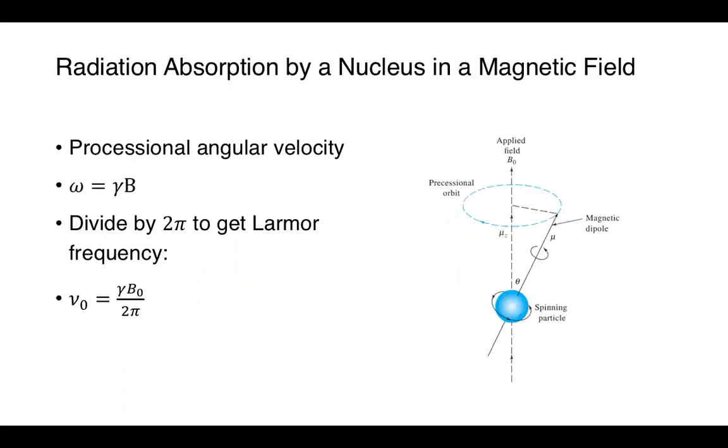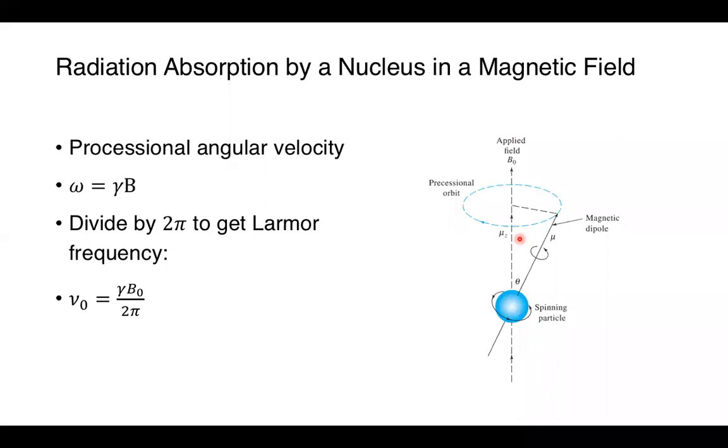Imagine that the nucleus inside the magnetic field has a certain dipole moment associated with it. It precesses about the applied field here, which is our magnetic field. A magnet has a north and south pole, so it points in a certain direction.